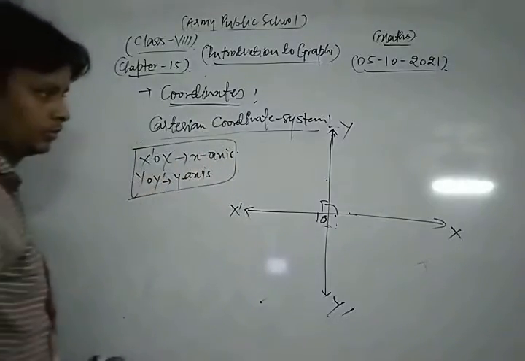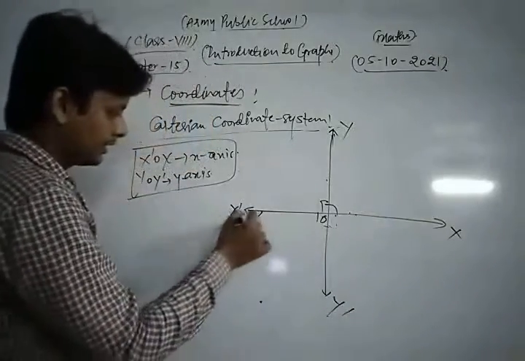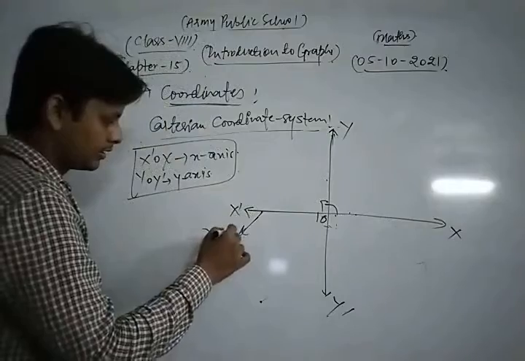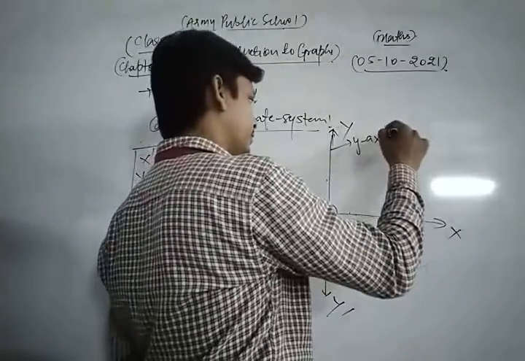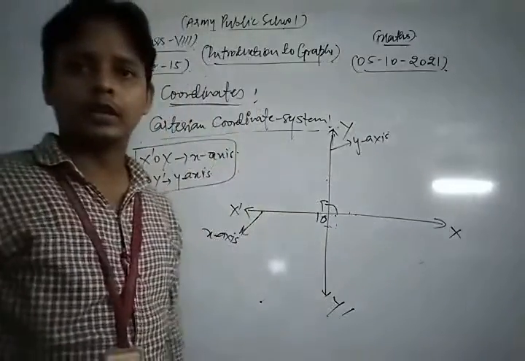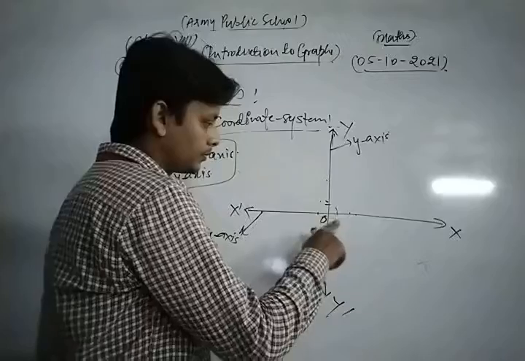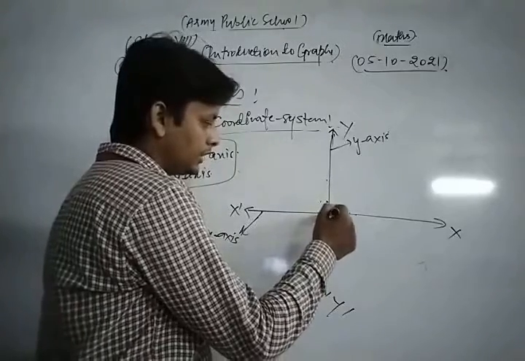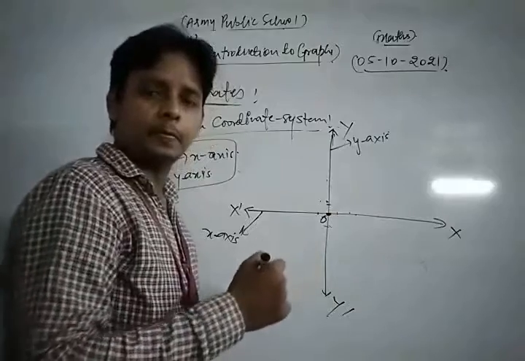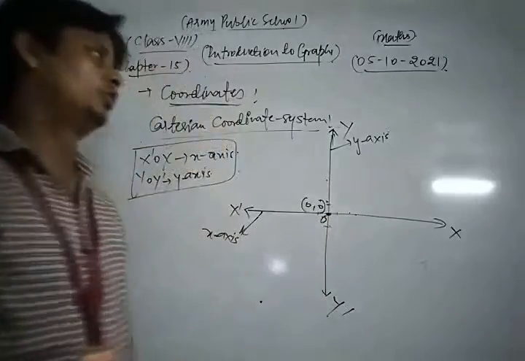So the horizontal line is called the x axis, and this is your y axis. Okay, and the point of intersection between these two lines is called the origin, and the coordinates of the origin are 0, 0.